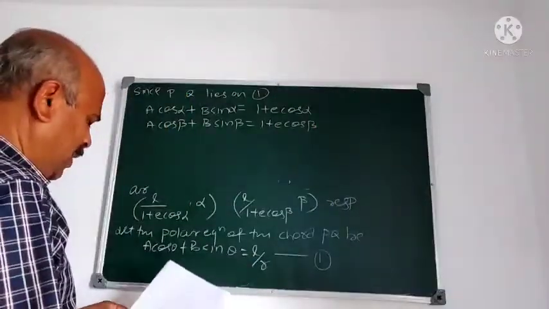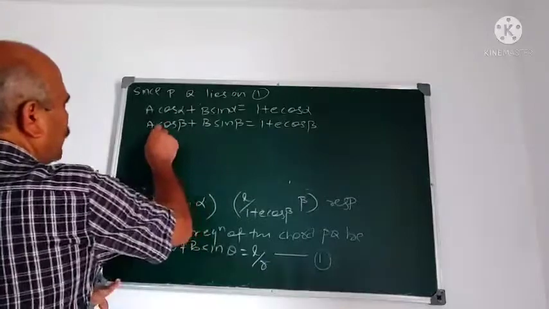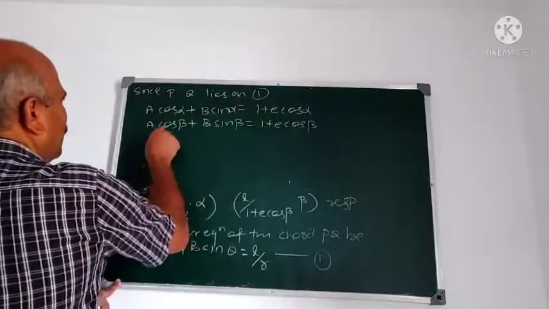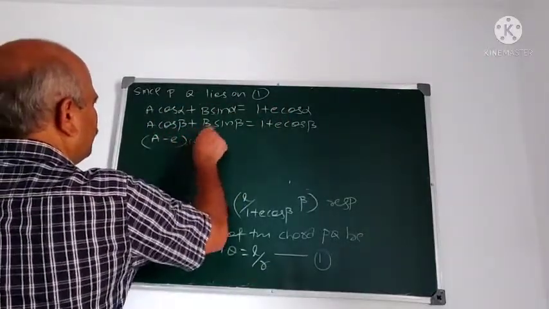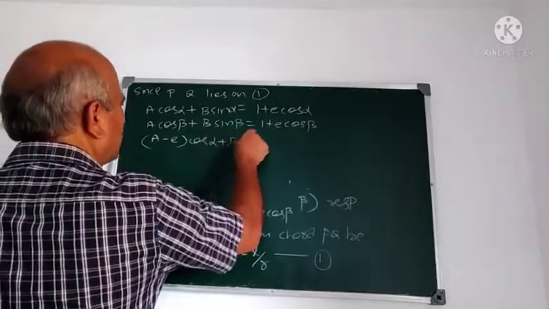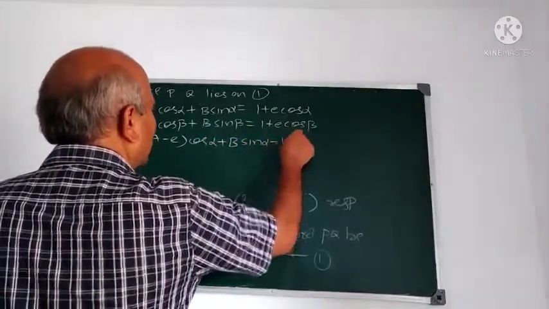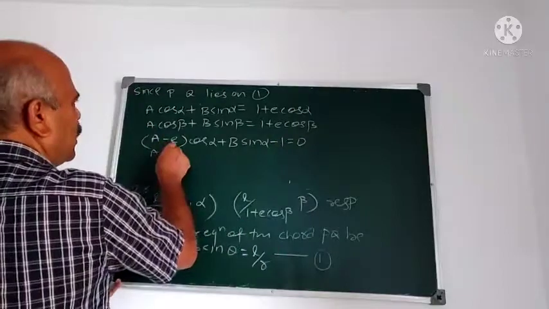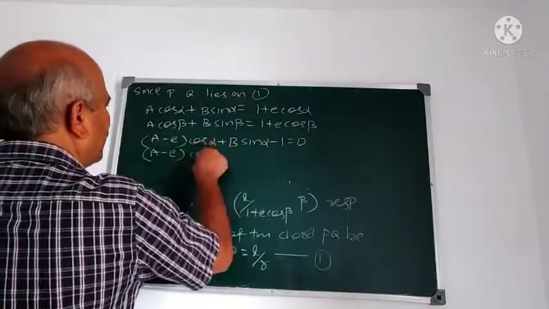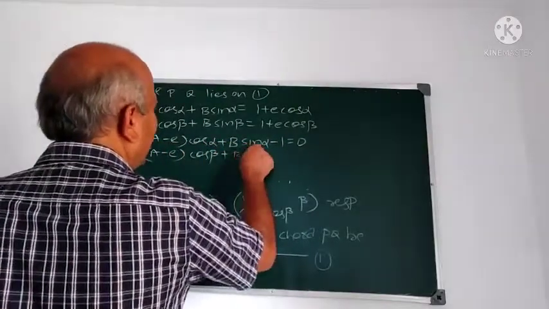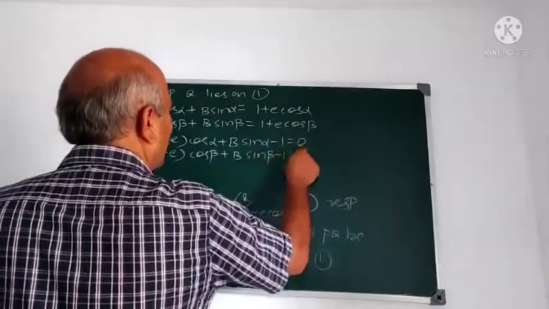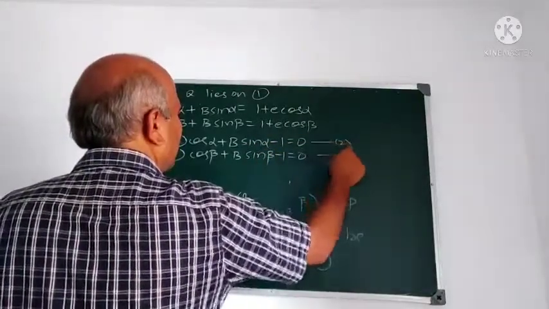Now cos alpha is common, so I take A minus e cos alpha plus B sin alpha minus 1 is 0, and A minus e cos beta plus B sin beta minus 1 is 0. Take this as 2, this as 3.